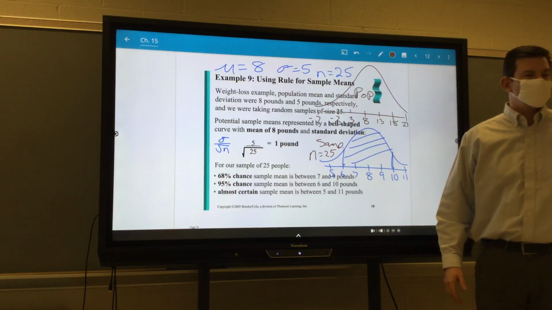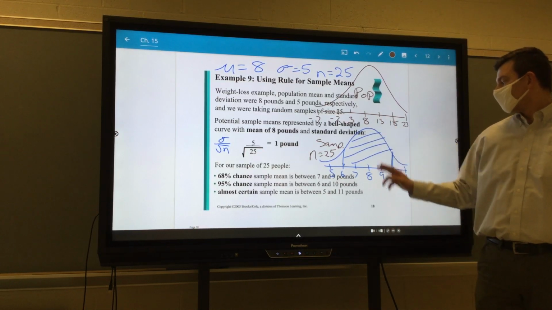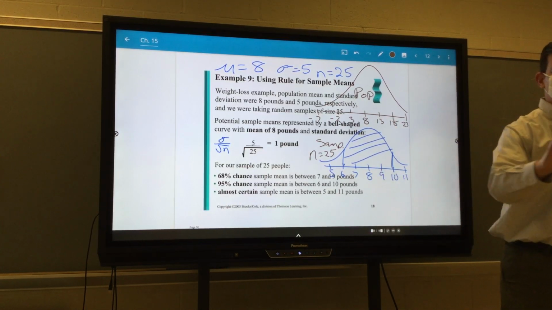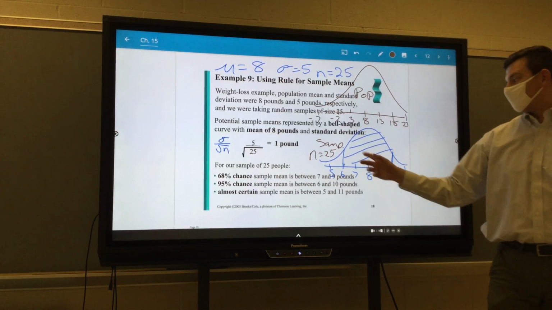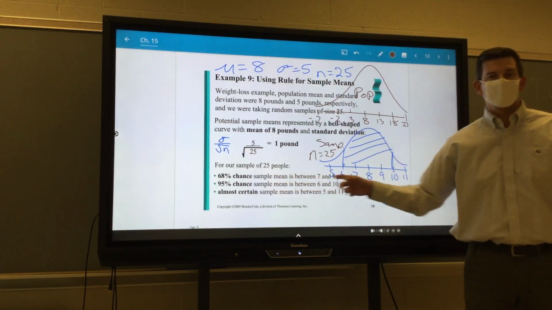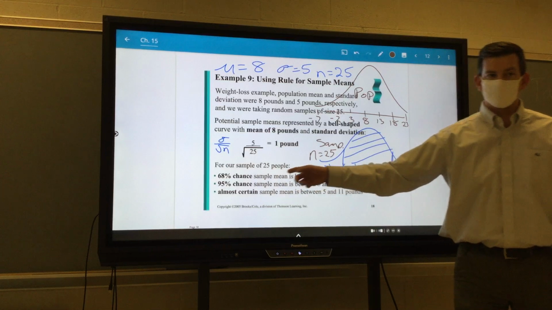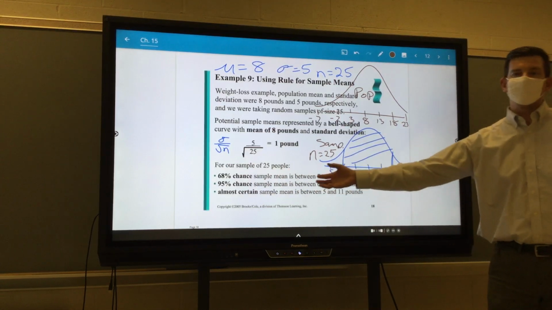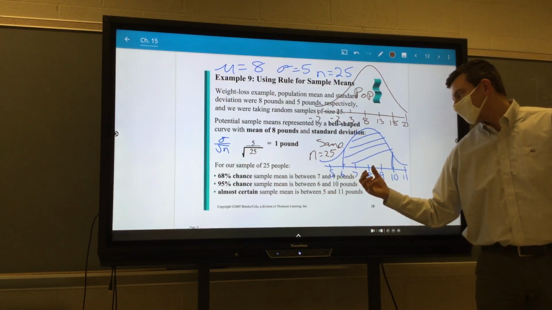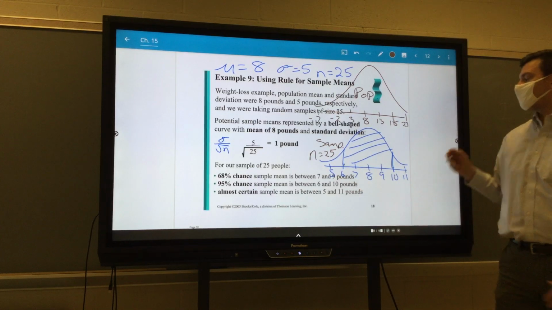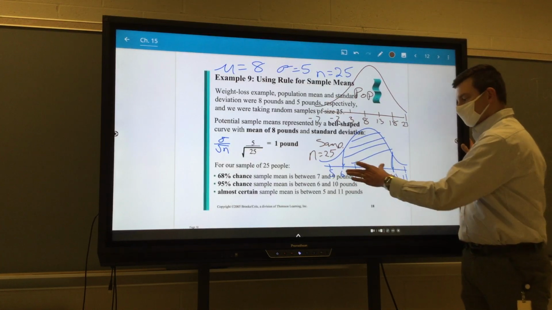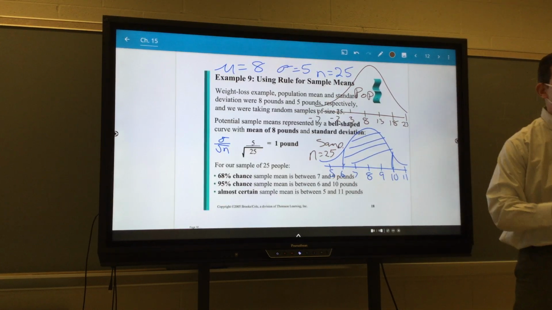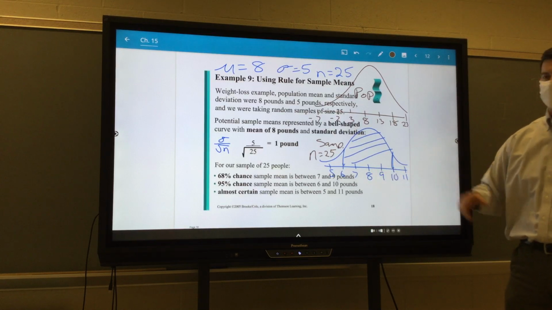It's unlikely, but it happens. But to get an entire random sample of people who would gain 2 pounds, that would be very unlikely. Because you're going to have some people lose the weight. That pulls that sample mean closer to that expected value, that expected mean.